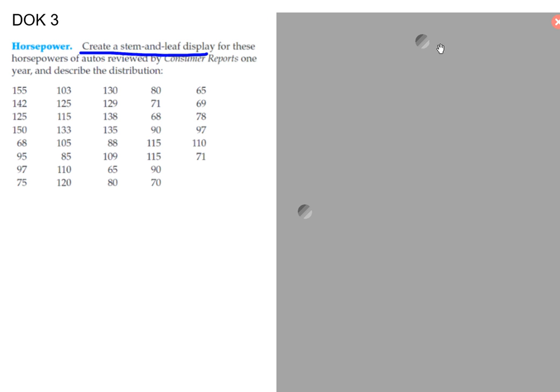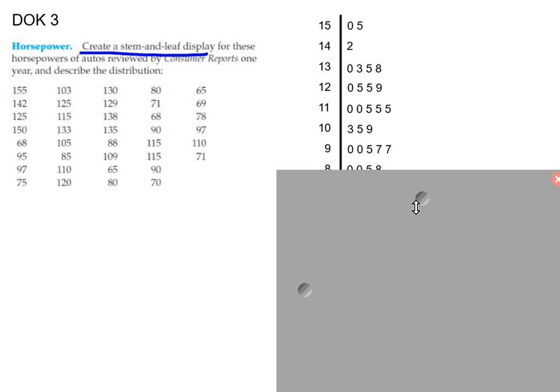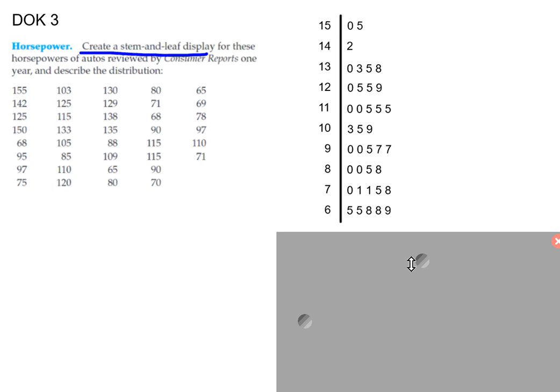I did it behind the scenes here. I'm not going to do it live because it is a little tedious, but what I would recommend doing anyway is, as you go through, identify the high and low values, and then circle all the 60s.